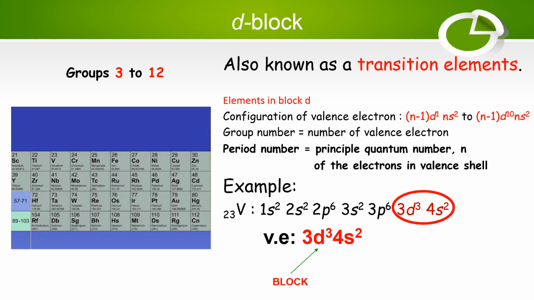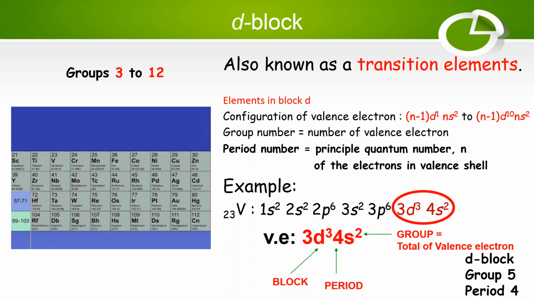The d here will indicate the block. The 4 here, the higher principal quantum number, will indicate the period. And the valence electrons are 3 plus 2 equal to 5. So the group is equal to the total of valence electrons. Therefore, vanadium is located at D block, group 5, period number 4.